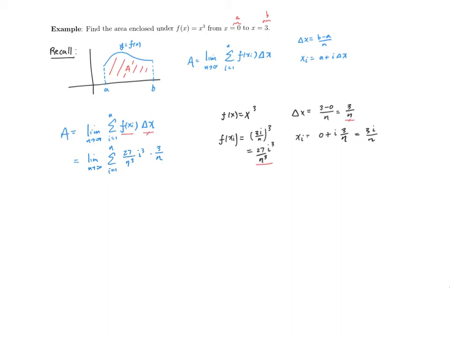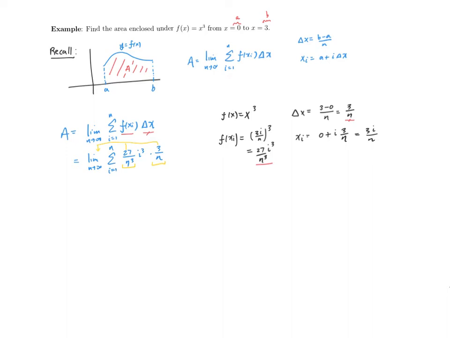Now we can go ahead and combine together a few of these terms. Note the 27 over n cubed and the 3 over n have nothing to do with i. So we could multiply those two quantities together and pull them out front of the sum.